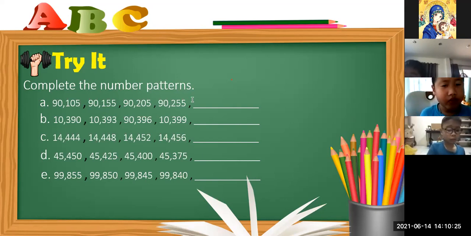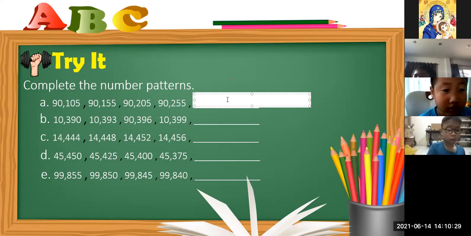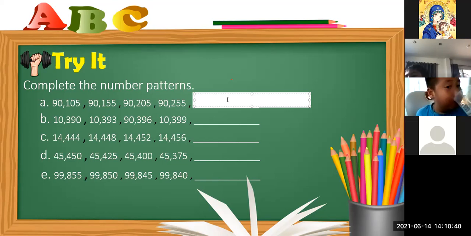Now, here we go. Letter A. What do you think is the next number? Is the number decreasing or increasing? If the number is increasing, that means you have to add numbers. Okay. Now here, what is the pattern here? The pattern here is plus 50.